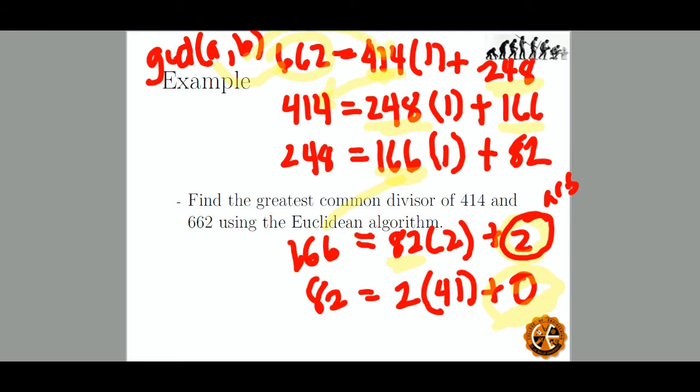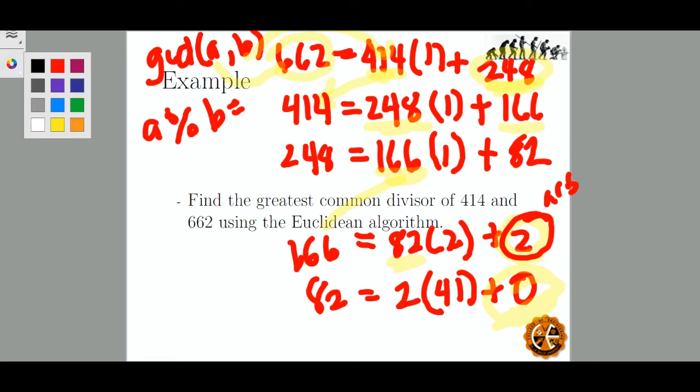So to get the 248, that is basically A modulo B, will give us 248. Let's use another pen for it.